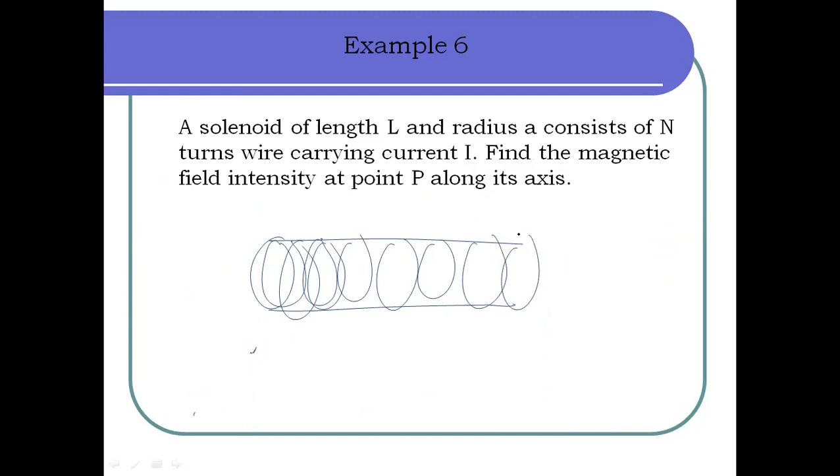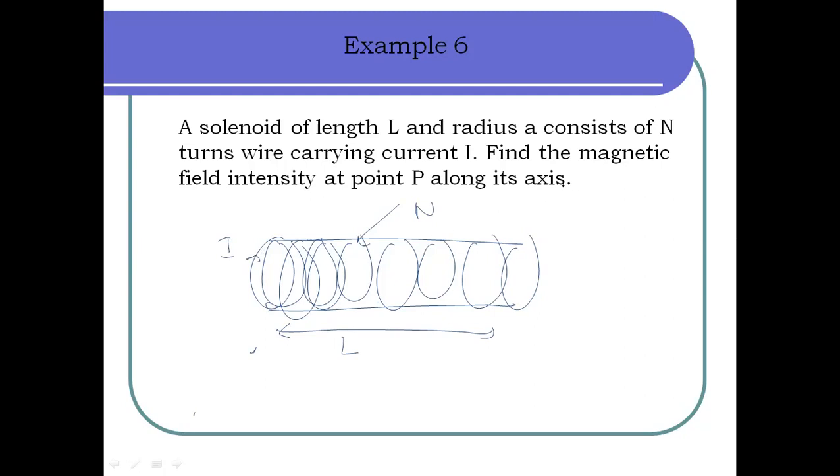So we call this a solenoid. We can see this in a dynamo. The solenoid in this case has a length of L, and it consists of N windings, N turns. Each of these windings carries a current of I.